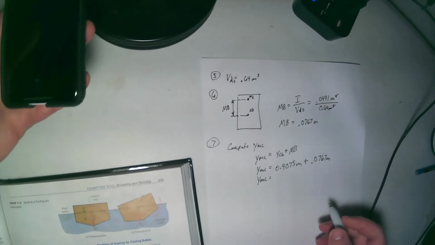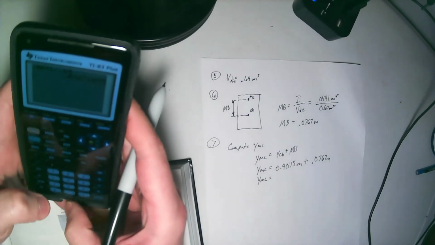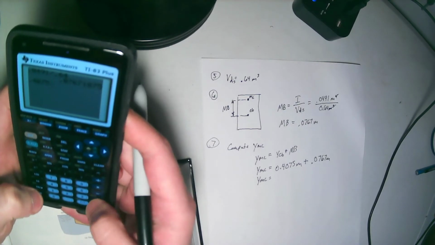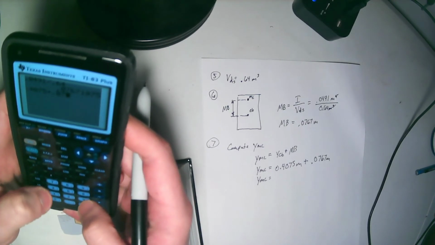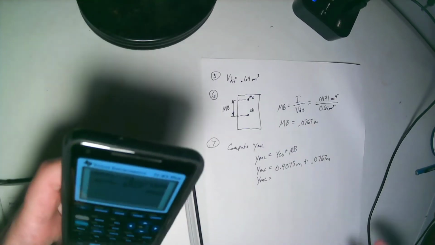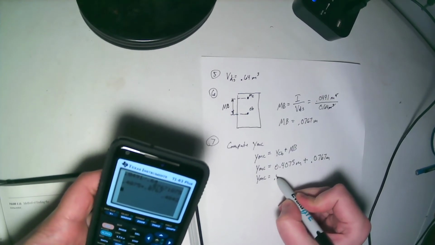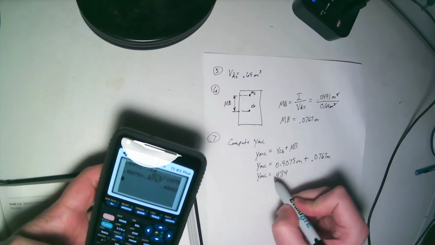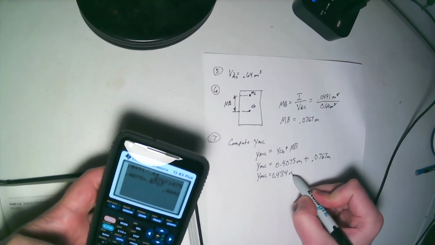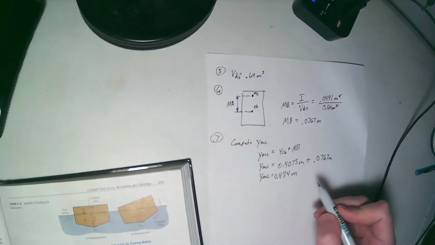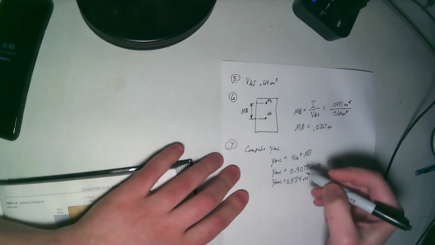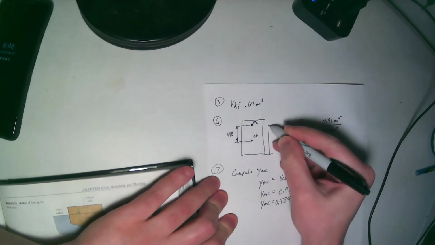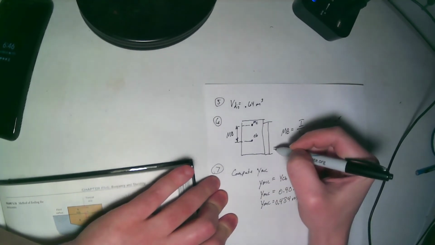We get 0.4842, so I'm just going to leave it 0.484 meters from the bottom. And this is going all the way from the bottom here all the way to the top, YMC.